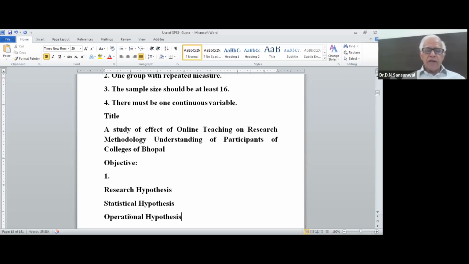And your research hypothesis can be formulated in the null form or it can be in the directional form.